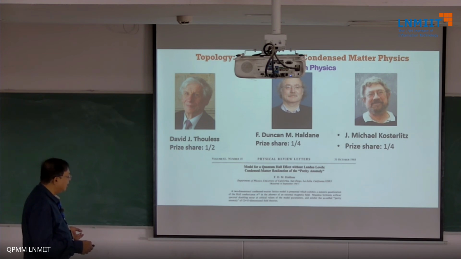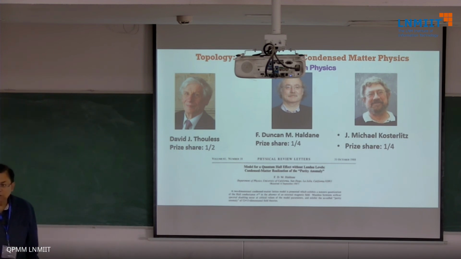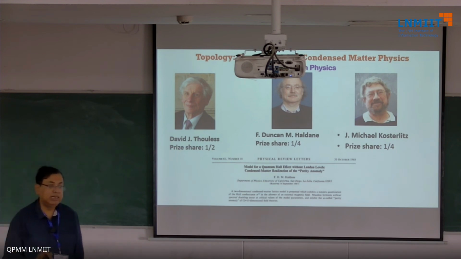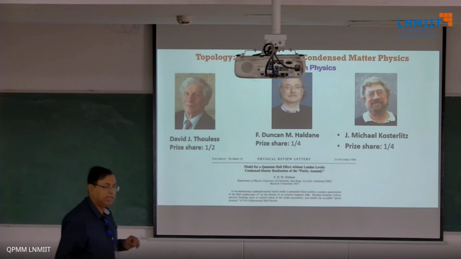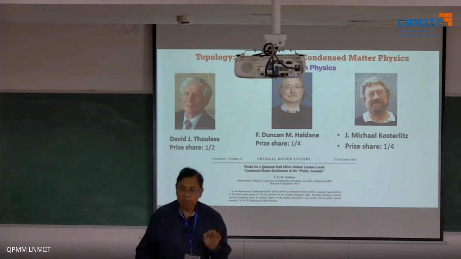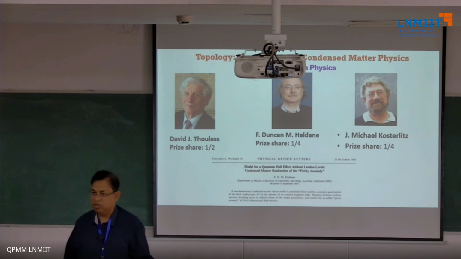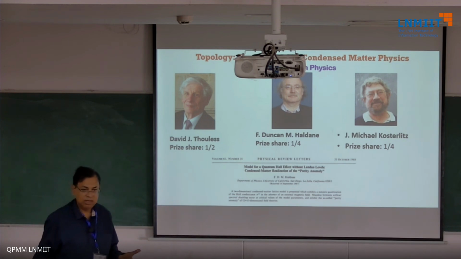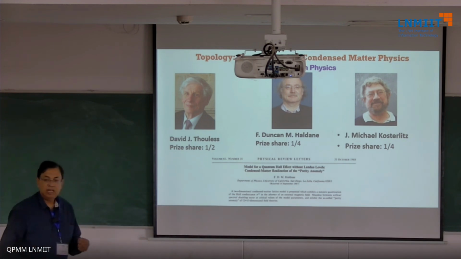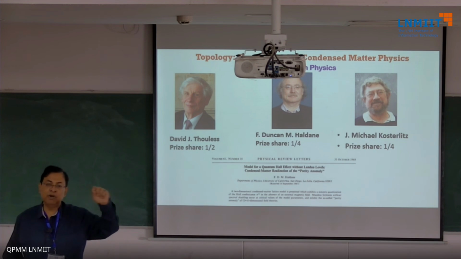But this was graphene really. It was this thing that was done on graphene, and he wanted to show that look, a magnetic field is not necessary for the Hall effect, which is what I have been talking about. And he came and dropped a bomb saying that you need to simply break the time reversal symmetry of a given system. And the way he did it is that he introduced a second neighbor complex hopping in a honeycomb lattice.